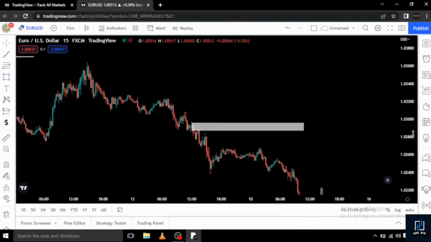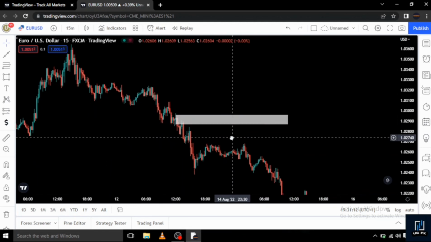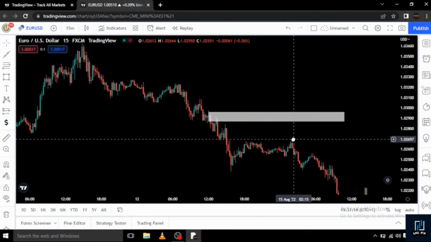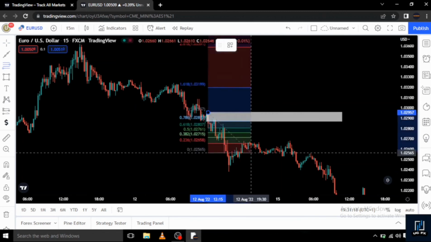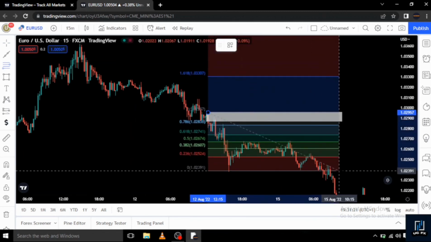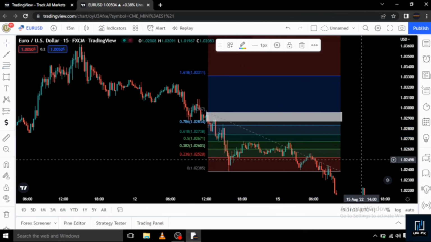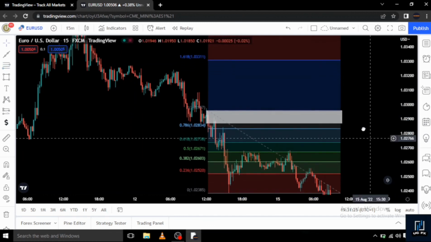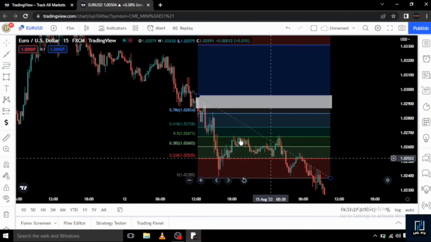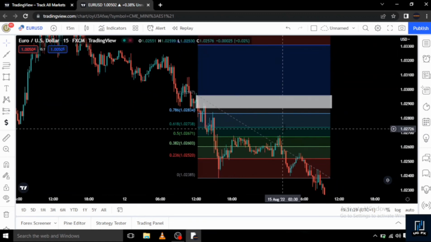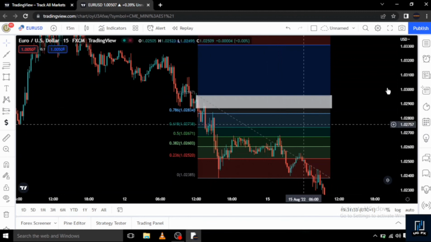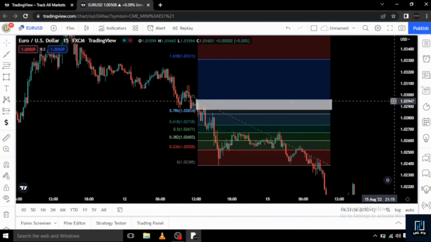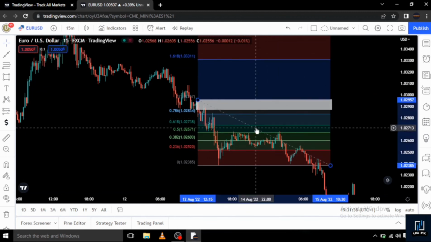Now use your Fibonacci from these highs to these lows to spot out discount levels. You will see that price didn't go all the way up to tap into this discount level.